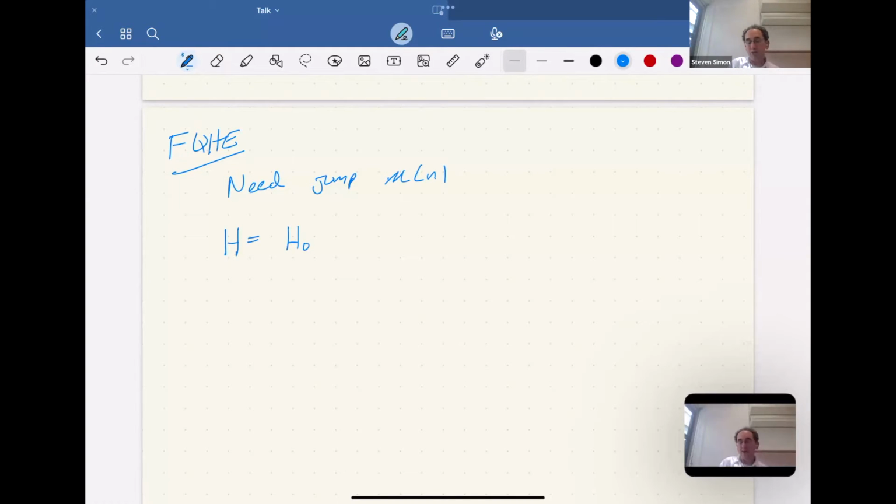There's the usual free particle Hamiltonian, that's the kinetic energy. And then there's going to be some interaction term, V of Ri minus Rj, which we take to be the Coulomb interaction. We'll assume that V is much less than the spacing between Landau levels, so spacing between bands.